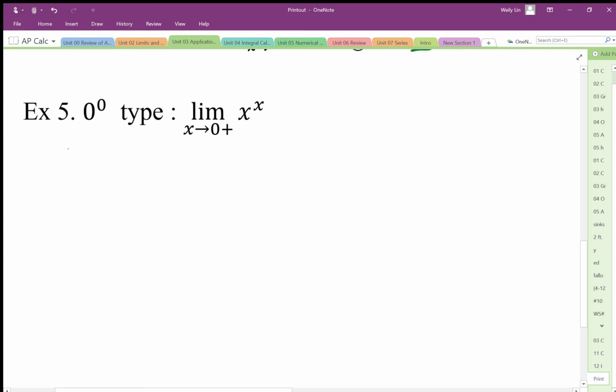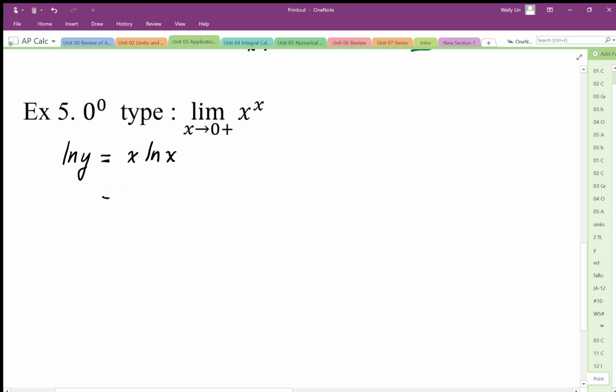So again, we're going to have to put this into the log form. So if I use the log form, let that be y. Log y ends up being x log x. If I plug in 0, I end up with 0 times negative infinity. So I need to put this in a ratio form.